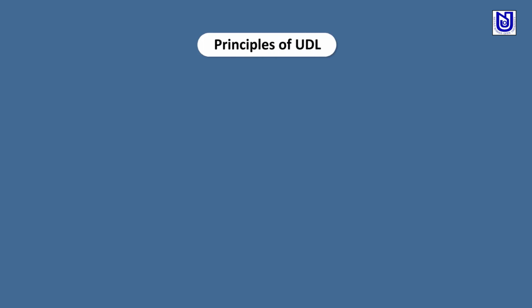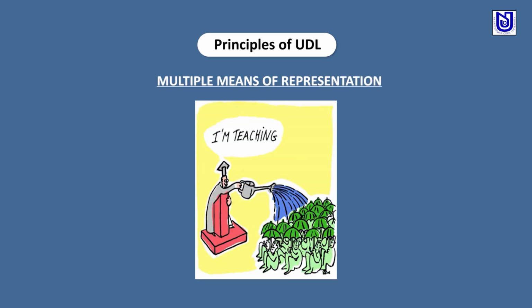Now, I'll be discussing the principles of UDL. The first principle that I already mentioned is multiple means of representation. When we are teaching our students, do they really learn what we are teaching them?